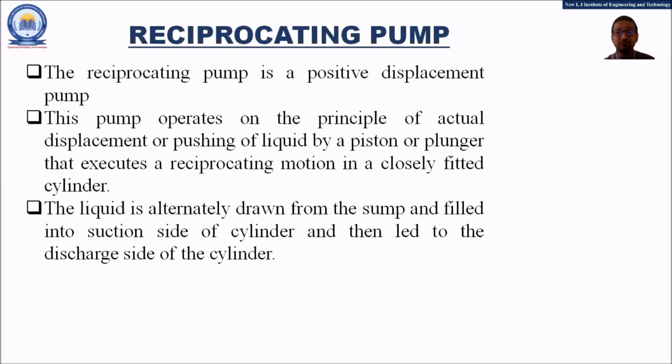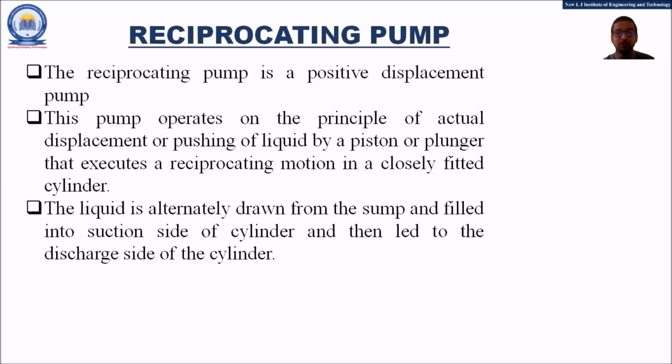Remember friends, for the working of the reciprocating pump, the most important thing to be remembered is that the mechanical element will be undergoing the reciprocating motion. In simple terms, the reciprocating motion is considered as the to and fro motion.